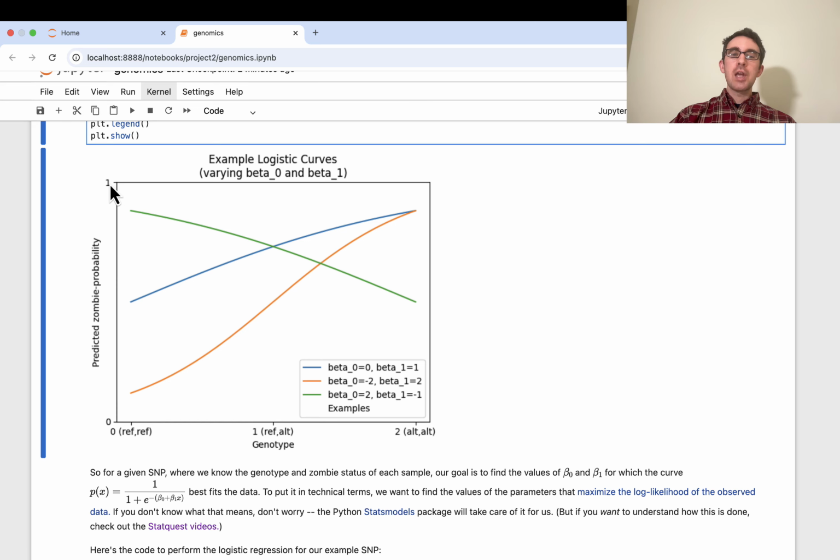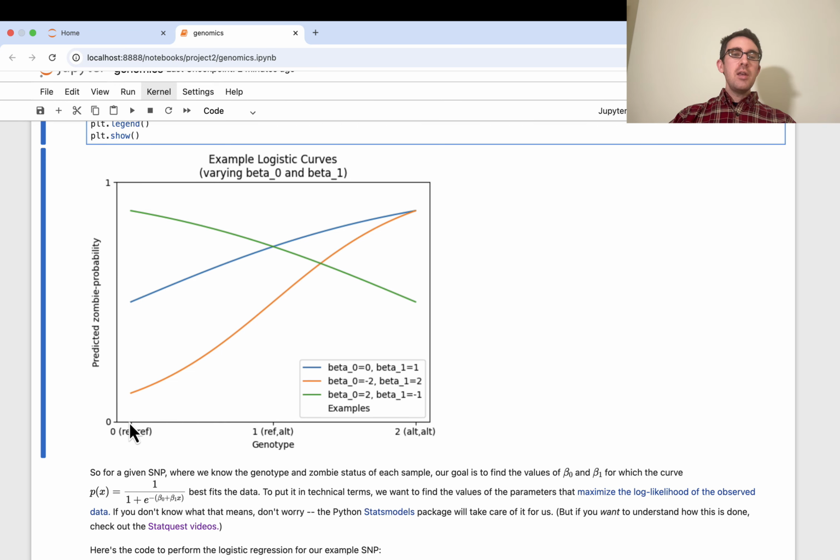On the other hand, for these logistic curve plots, 1 and 0 still mean the same thing, where 1 means case and 0 means control, but we are interested in this intermediate continuous space of probabilities between 0 and 1. So instead of plotting whether someone is actually a case or a control, we're plotting the predicted probability that a sample with a particular genotype is predicted to be a case or control.